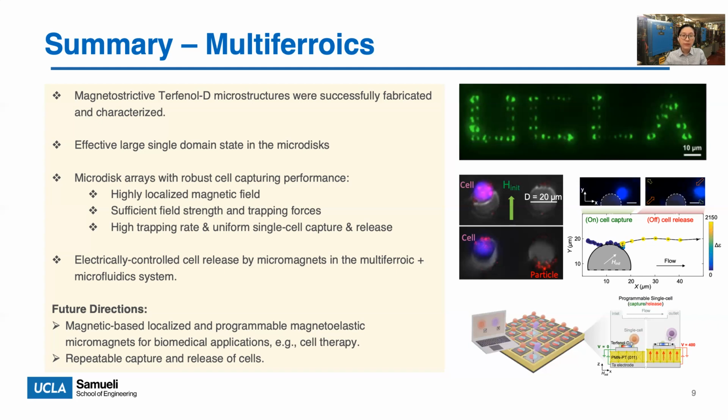Well, to sum up, multiferroics present an opportunity to automate single cell selection based on functional and time-dependent properties. And it can potentially address those fundamental challenges for biotechnology and development of optimal cell therapies.